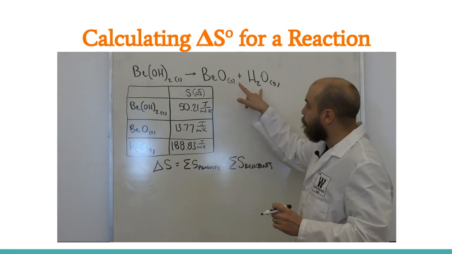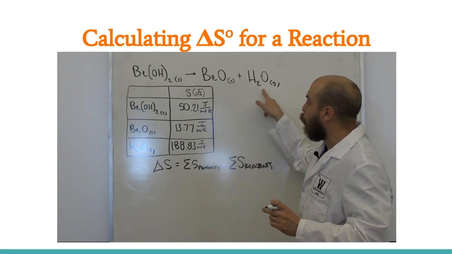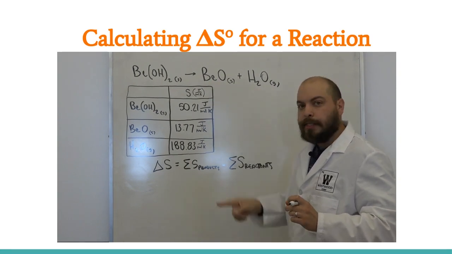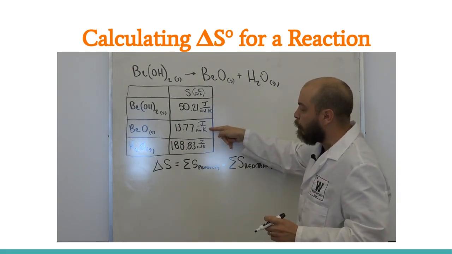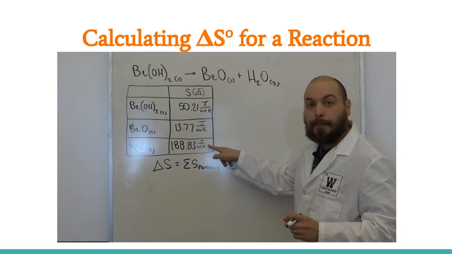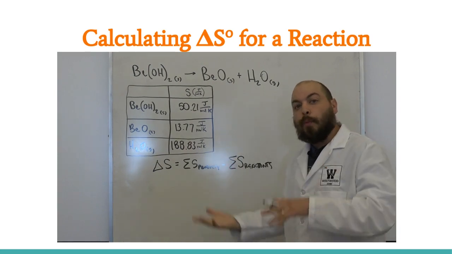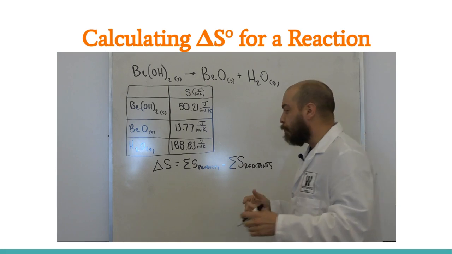Now, identifying my products, beryllium oxide and water, each of these is in a coefficient of 1, which means I take both of these values, the 13.77 and the 188.83, I multiply both by 1, and I'm going to add them together.